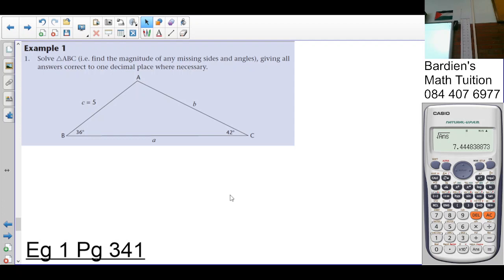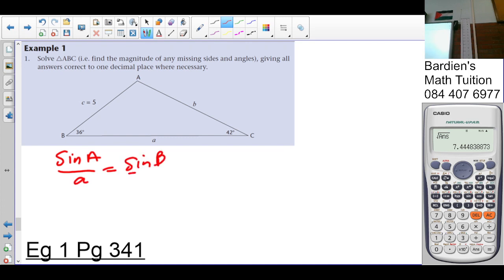Right. So we are busy with triangle ABC. So what do we say? Sine of A over a is equal to sine of B over b is equal to sine of C over c. Now fill in what you can from the given information.